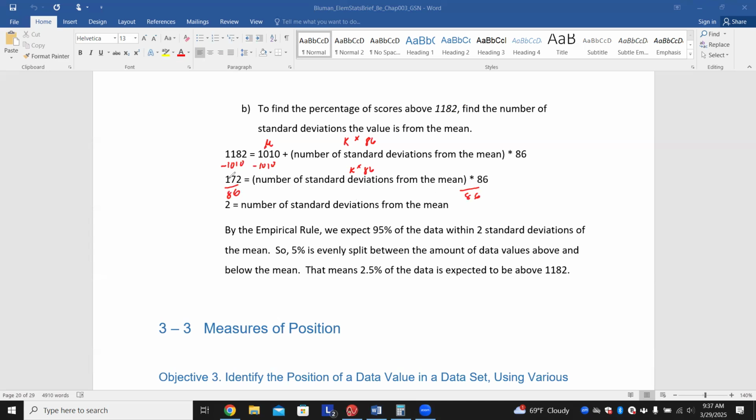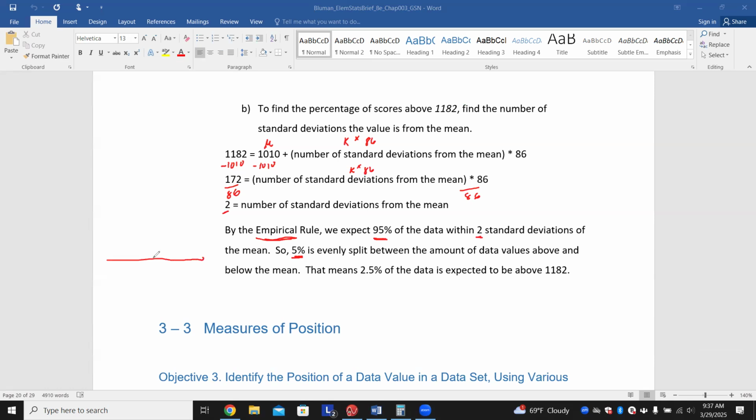So 172 divided by 86 gives me 2. Therefore, I'm 2 standard deviations away. Now using the empirical rule, not Chebyshev's rule, we expect 95% of the data within 2 standard deviations of the mean. That means 5% is evenly split among the data values.